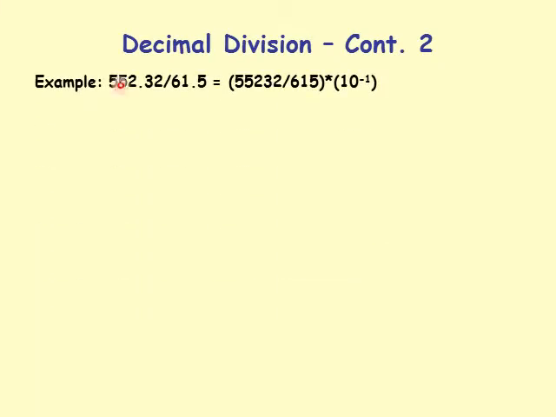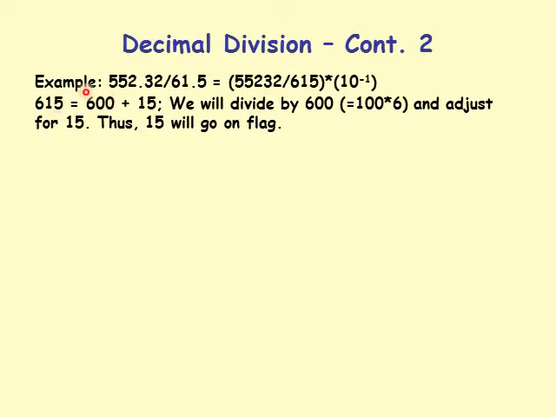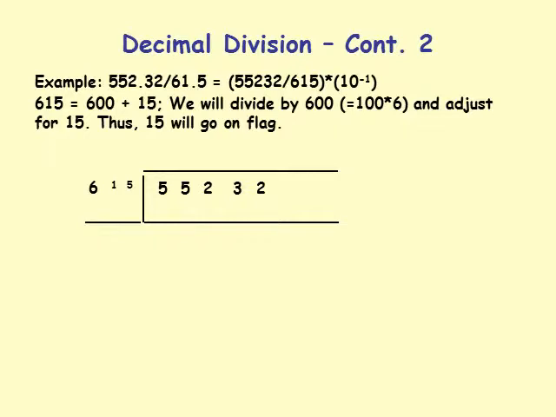Continue here. So this is what we know already. We also said 615 is 600 plus 15. We'll divide by 600, which is 100 times 6, and adjust for 15, and 15 will go on the flag. The setup of the problem is 15 on the flag, and 6 as the divisor. We'll divide by 6 and get back to 15 later.